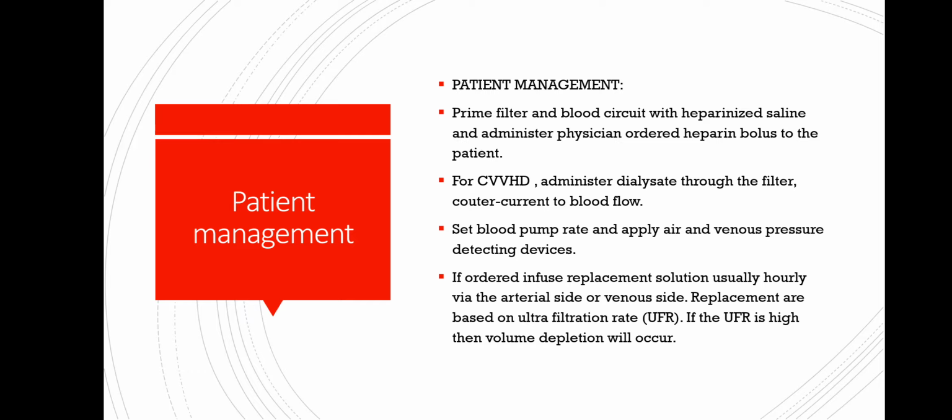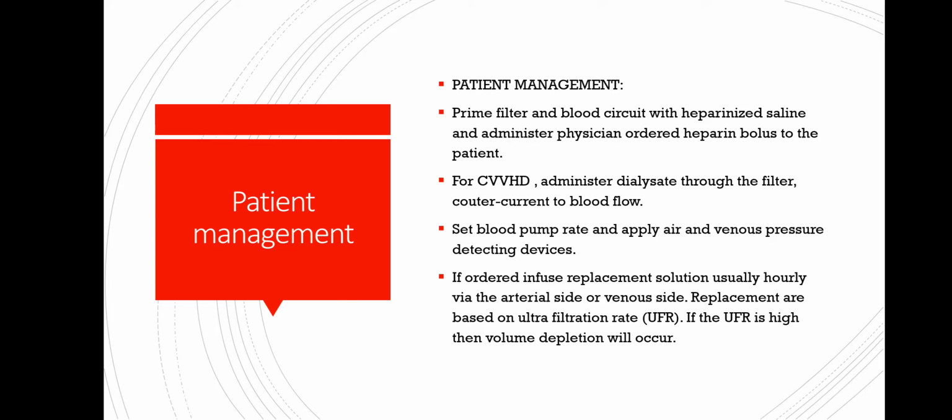Patient management: prime the filters and blood circuit with heparinized saline as per physician order, and give a heparin bolus to the patient. For CVVHD, administer dialysate through the filters counter current to the blood flow. Set the blood pump to the ordered rate and apply the air and venous pressure detection devices.